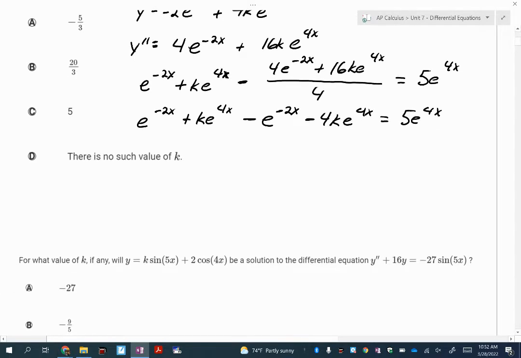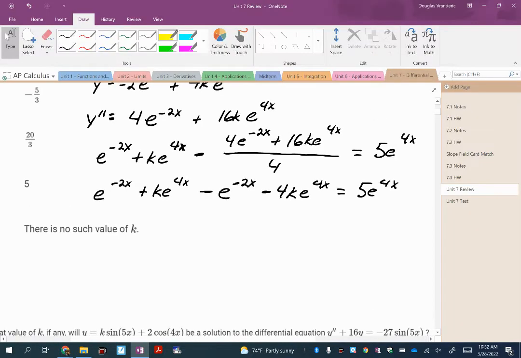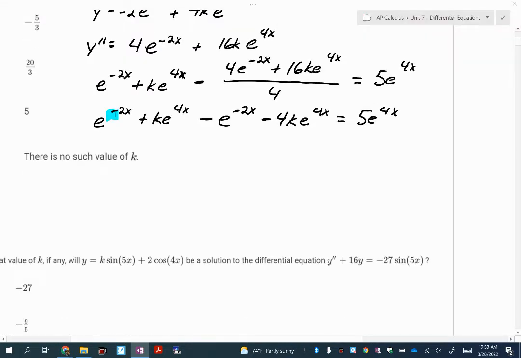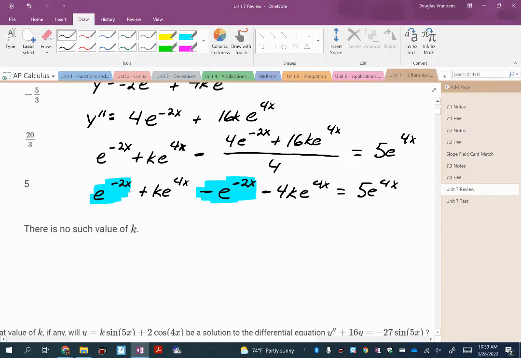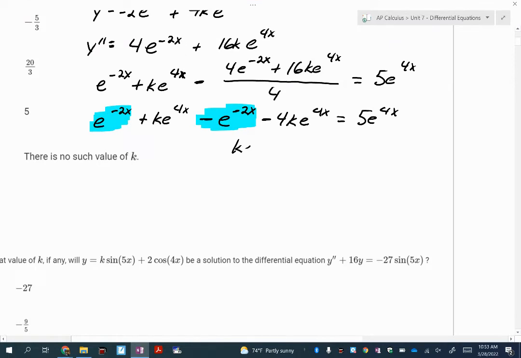Now you'll notice that 2 of my 4 terms are going to make 0. This e and this one is going to make 0. So now I have k e to the 4x power minus 4 times k times e to the 4x power equals 5 times e to the 4x power. Those are like terms.